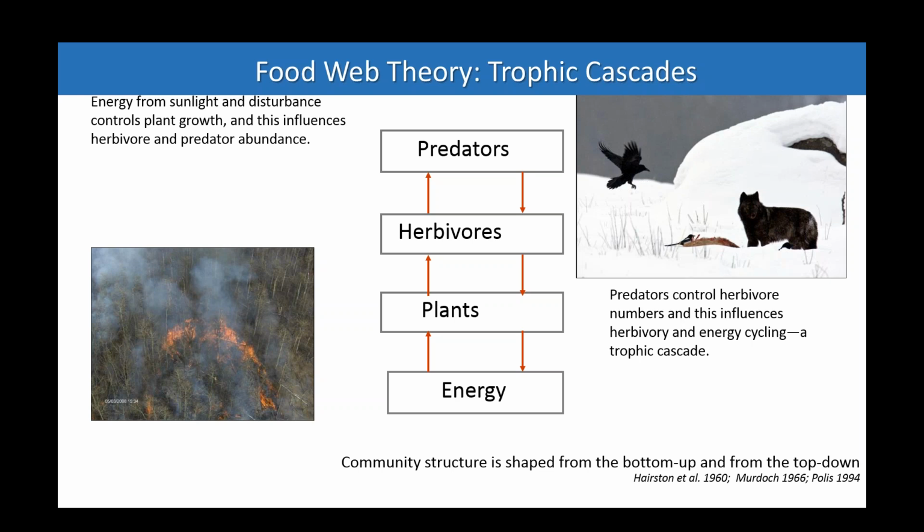The top-down view is that predators are driving the whole thing, and so if you remove the predators, the whole system falls apart. Predators control herbivores via the act of predation and also by scaring them. People have found fear-based responses by herbivores in invertebrates, such as Schmitz's work with spiders in old field ecosystems that he's manipulated experimentally.